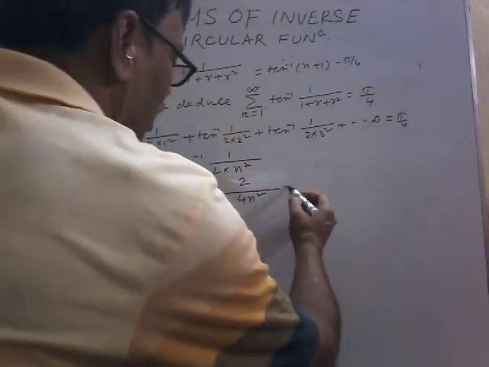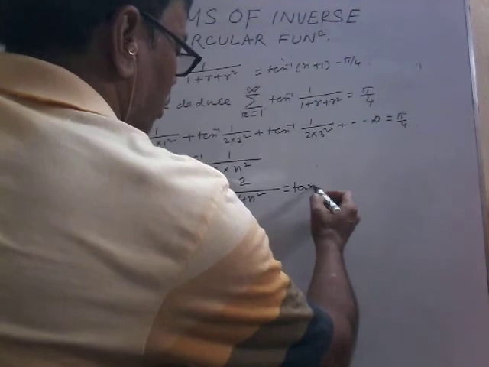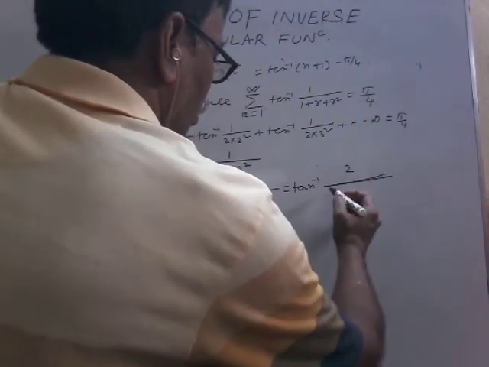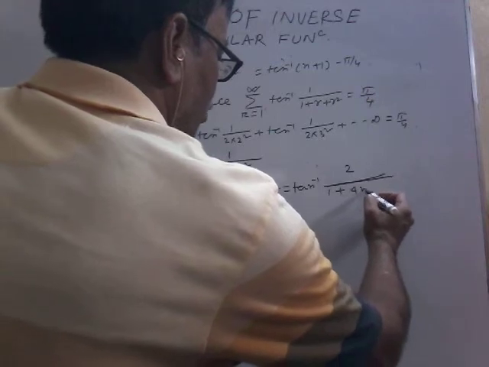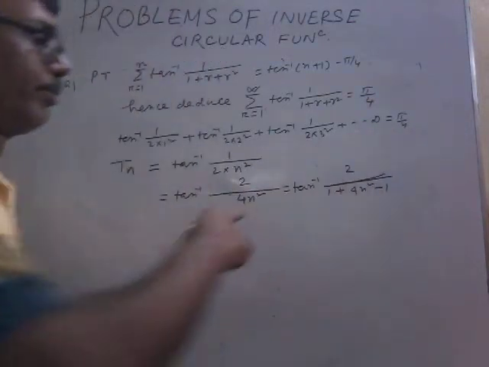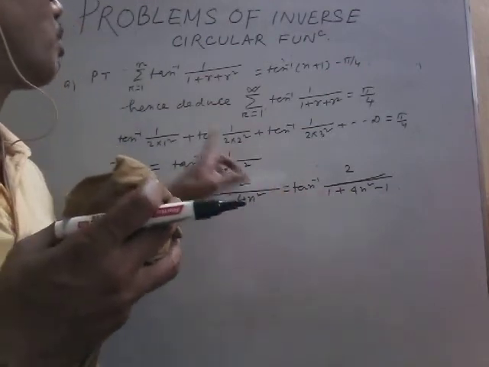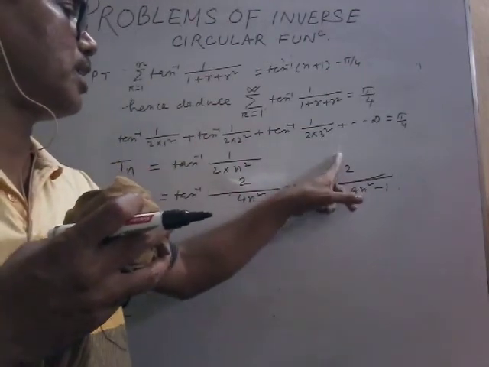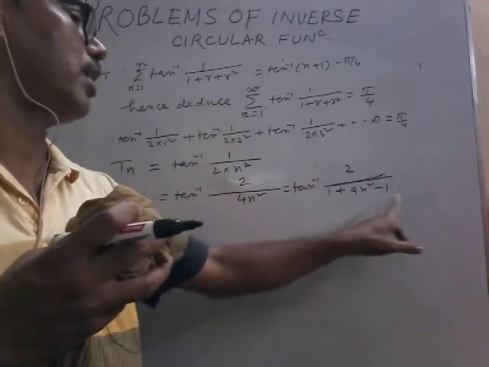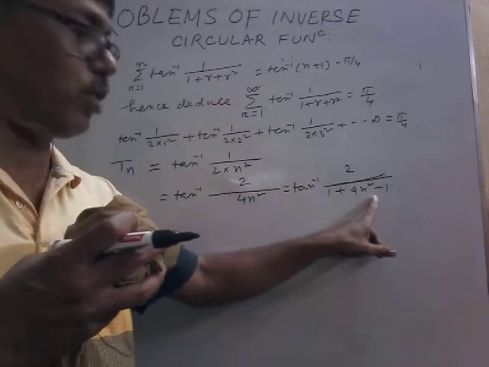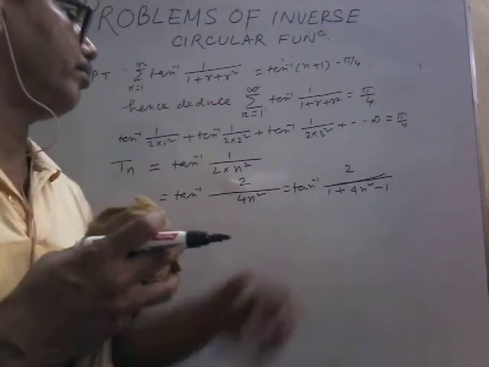Look, you can write it in this form, 2 by 1 plus 4n square minus 1. Why we are taking this as 1? Because the formula is tan inverse of x plus y by 1 plus xy, tan inverse of x minus y by 1 plus xy. It will always be 1.